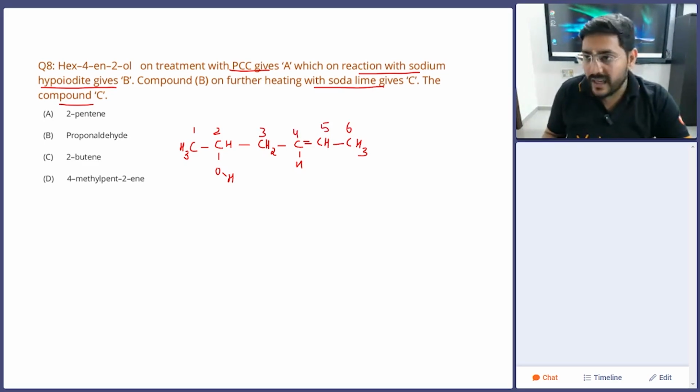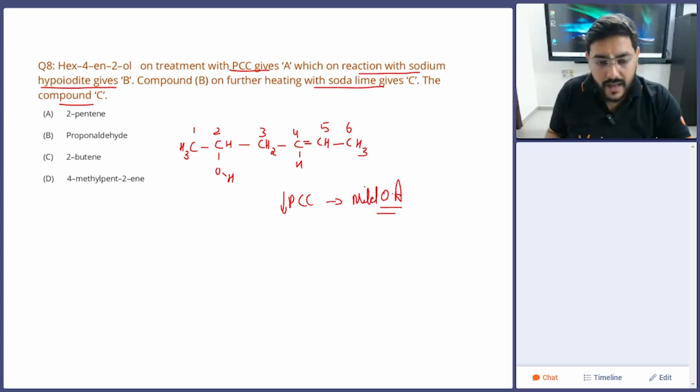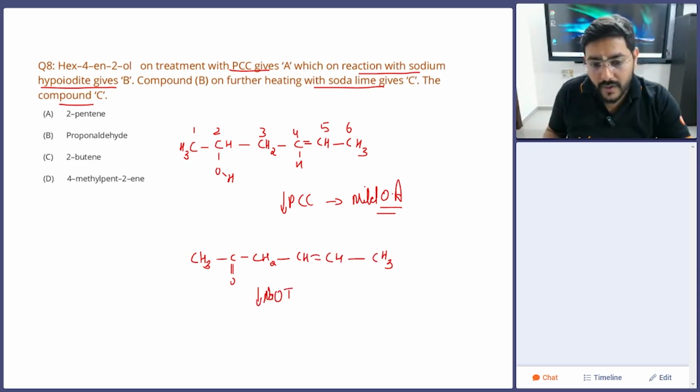Hex-4-en-2-ol on reaction with PCC, a mild oxidizing agent, oxidizes the secondary alcohol into a ketone. Now with NaOI, can I say that this is a haloform reaction? So we get CHI3, a yellow precipitate.